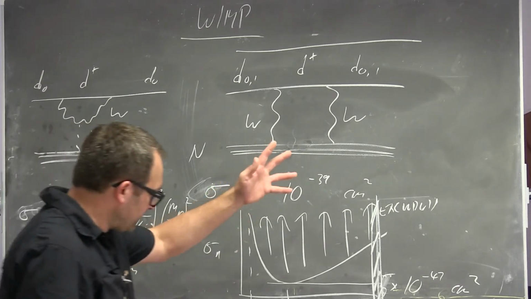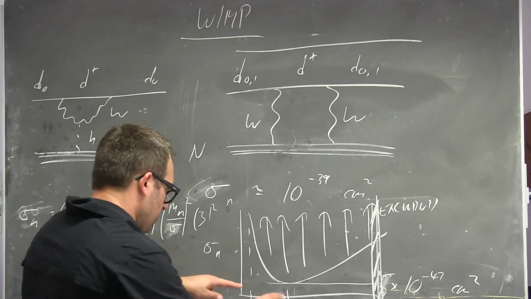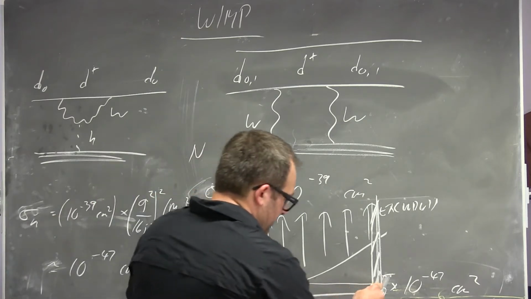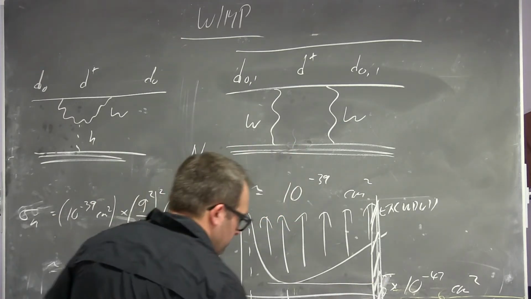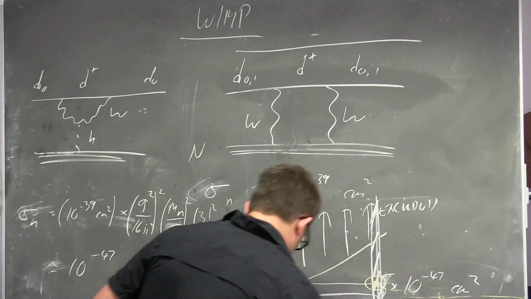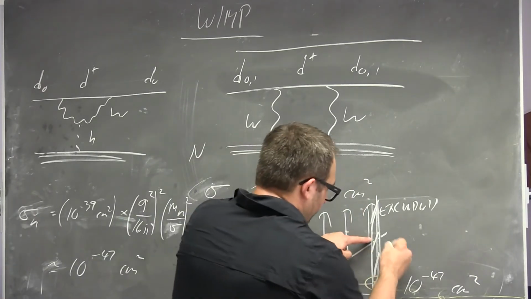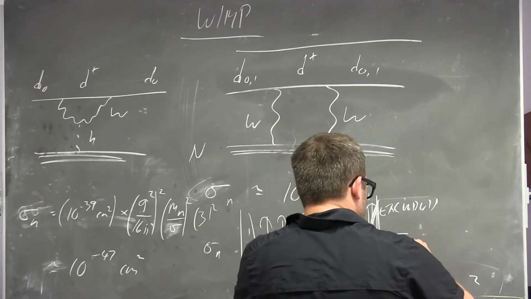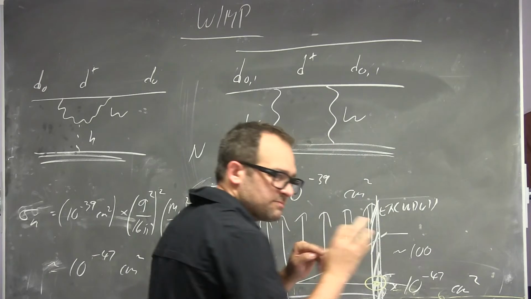So the 10 to the minus 47 is now this line, but it's at a TeV, so it's here. This differs from the current bound, the best bound that we know now, by approximately 100, maybe a little less, maybe 50.